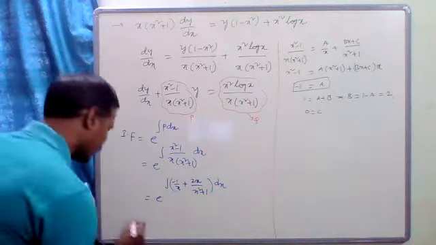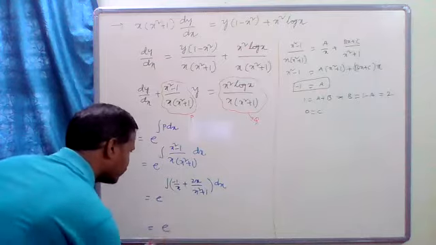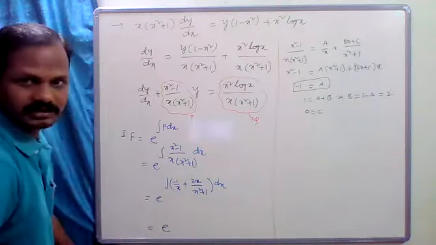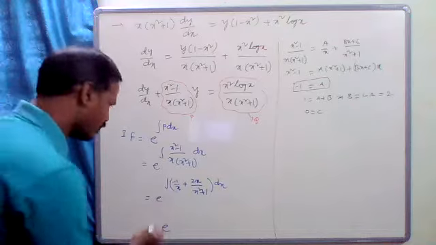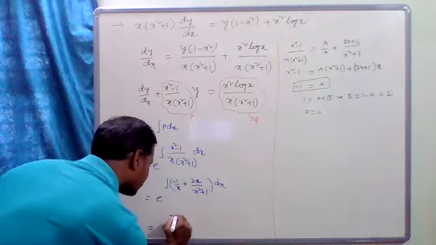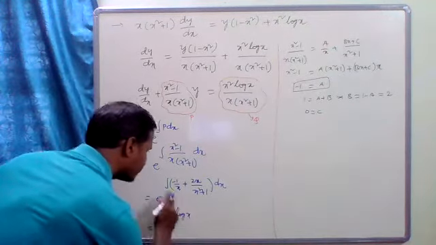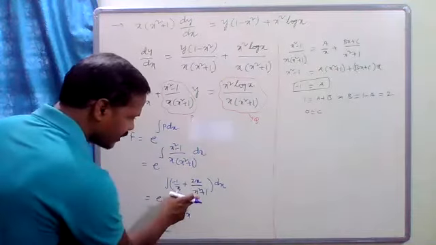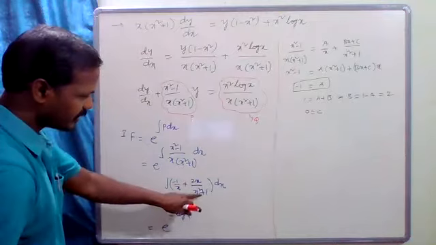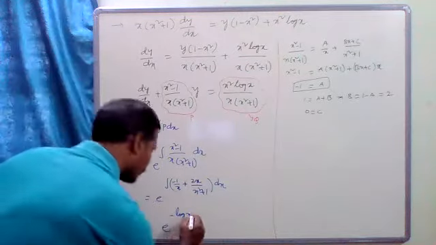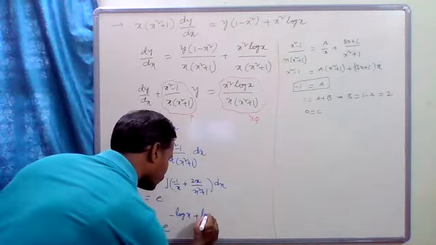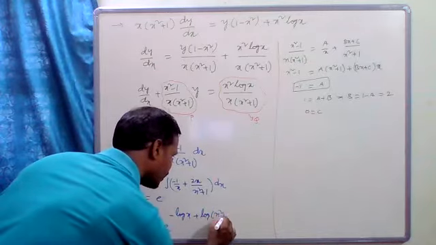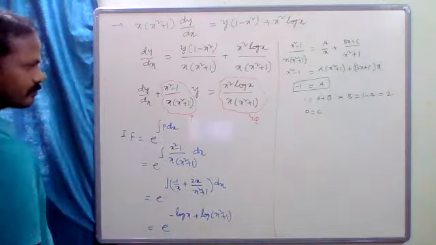So what you will get? This is equal to e^∫(−1/x) dx. So −log x, minus ∫1/x, log x. So this is f'(x)/f(x), because the derivative of this one is this. So plus log(x² + 1).